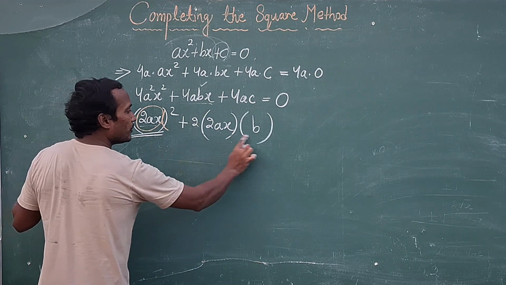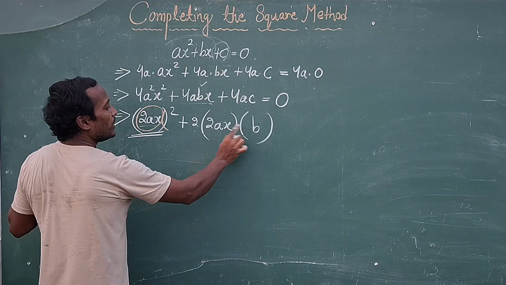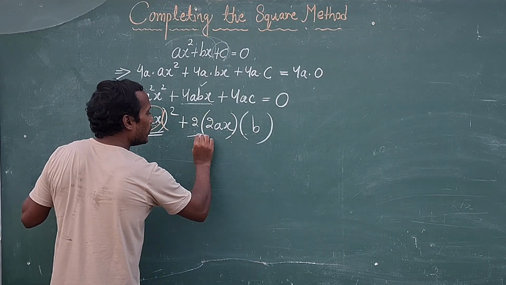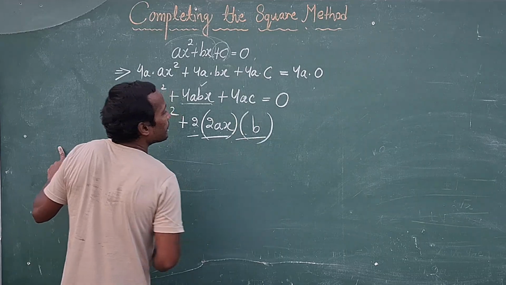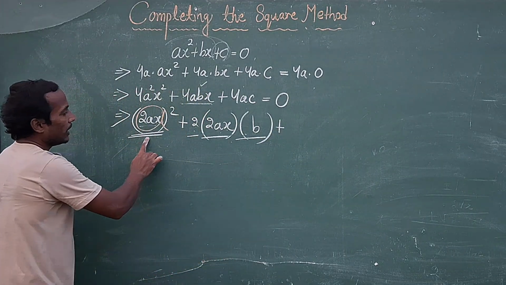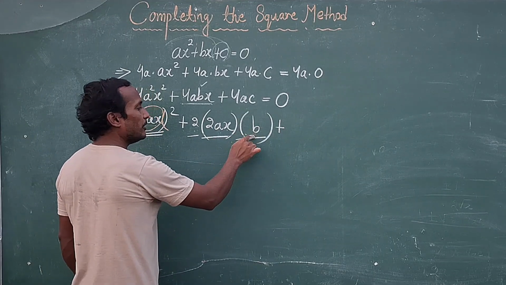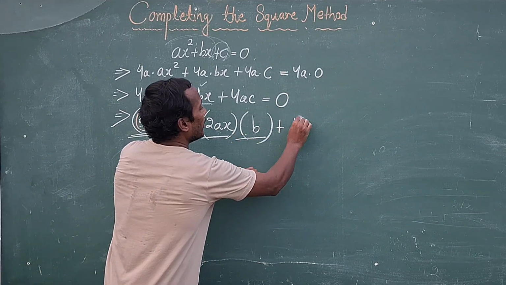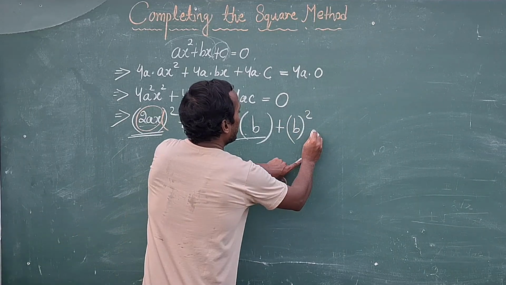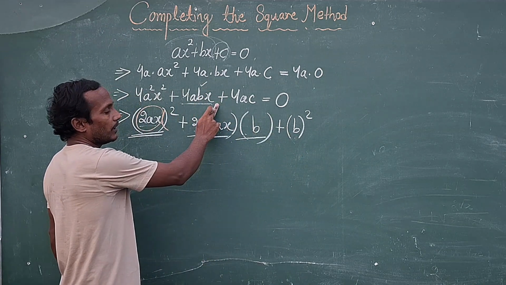If yes, then this is 2ab. 2 into 2ax into b gives you 4abx. Yes, so this part matches with this, which means this is 2ab. Now plus b square. I will write a square plus 2ab plus b square. Here b itself is playing the role of b. I added b square here, which was not present in the last step.